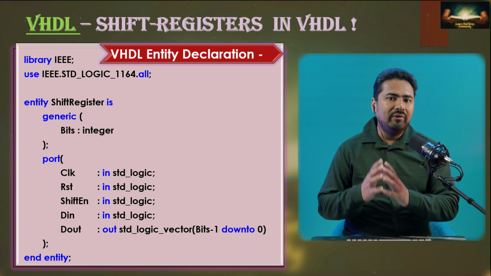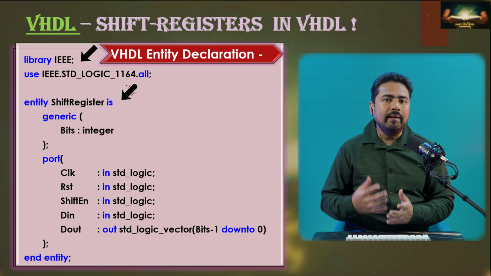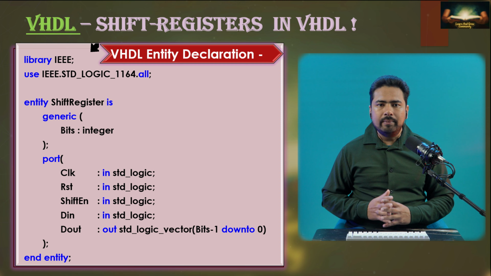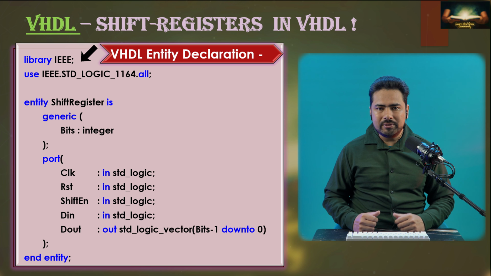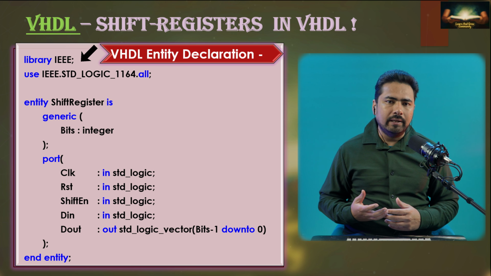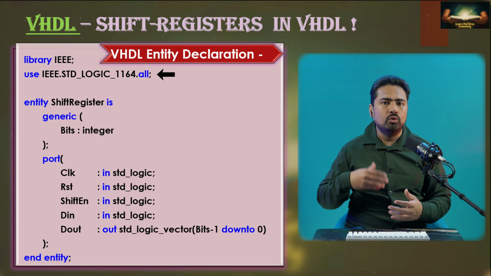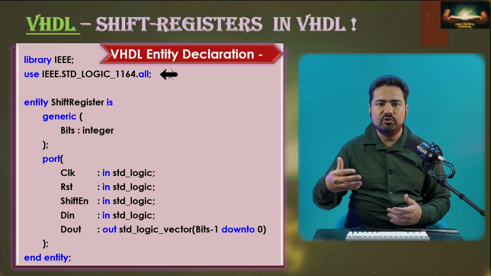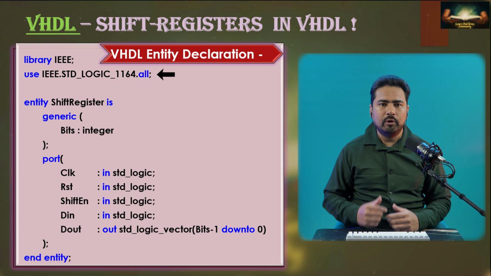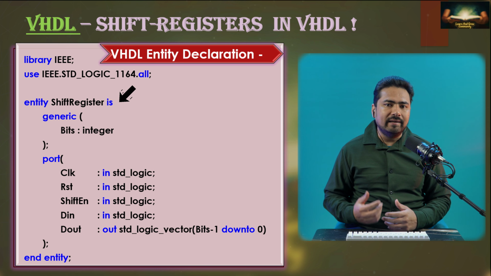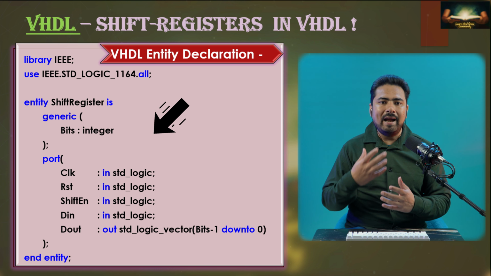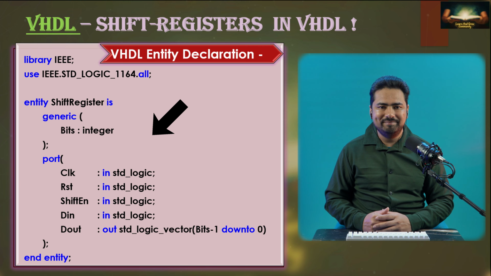In this slide, we are declaring the library and entity of our module. So the library and package declaration includes library IEEE; use IEEE.std_logic_1164.all; Next is the entity declaration. So this is the entity declaration for our module.